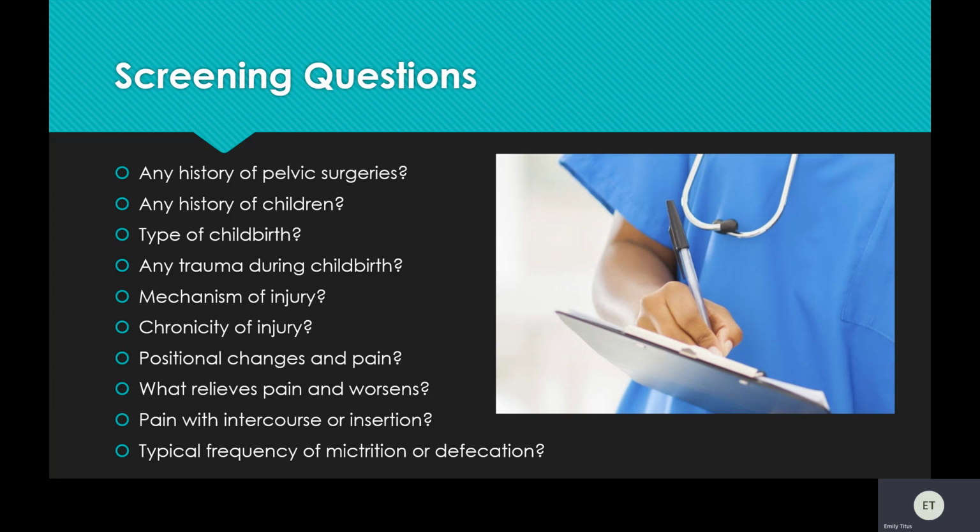So if treatment is not progressing according to plan for an orthopedic problem, consider whether it's a pelvic problem. Especially if they tell you, oh yeah, I had 6 vaginal deliveries and I had grade 2 or grade 3 tearing, or I tore the whole way, or I had an episiotomy, or any sort of trauma during childbirth, even if it was just a traumatic childbirth in general, or if the baby was born breech.